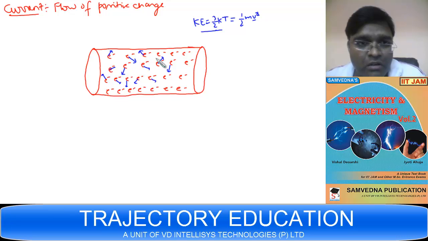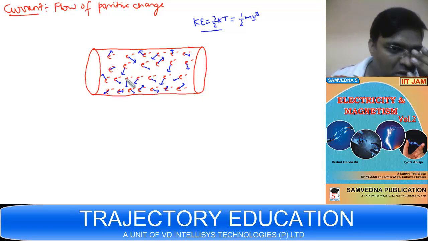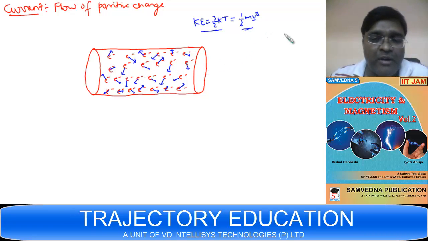They are moving in arbitrary directions, randomly. The motion is random. Every electron is moving in its own fashion, right? See, this kinetic energy may not be enough for the ions.